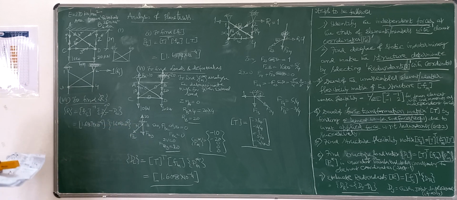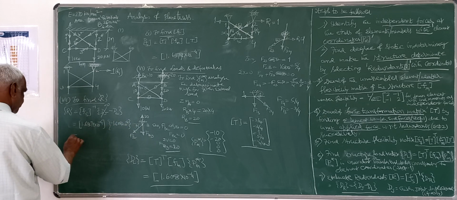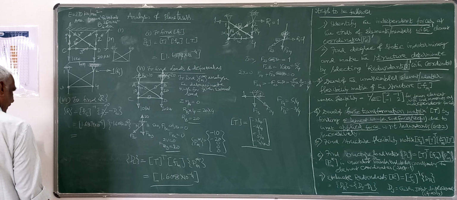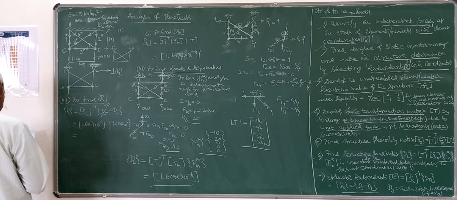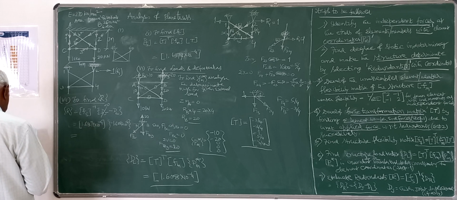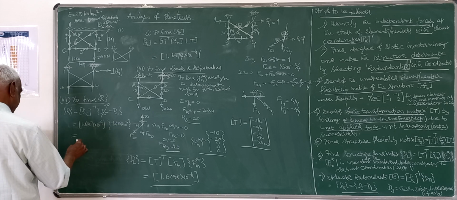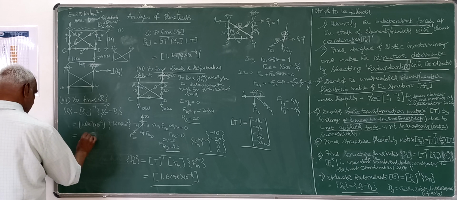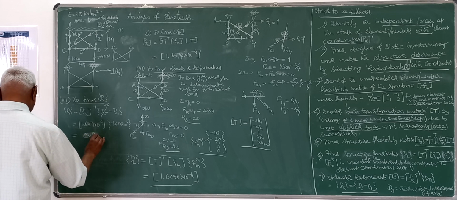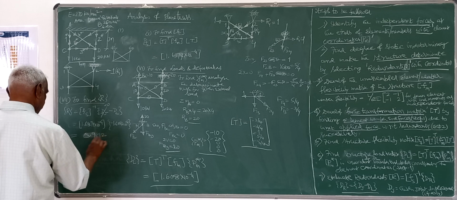This, if you take it and evaluate, Fs inverse dl minus dl, if you do it, you will get R value as 0.9812.